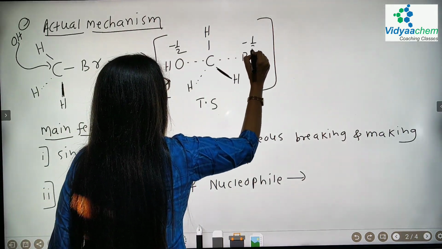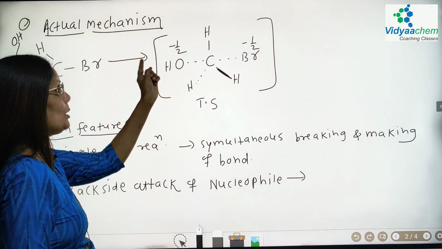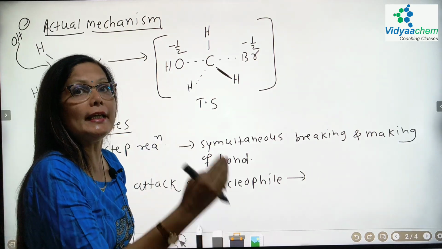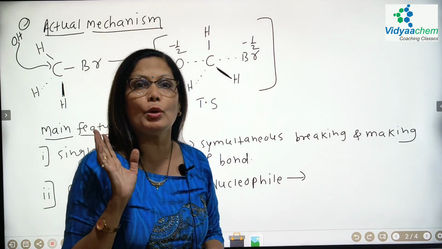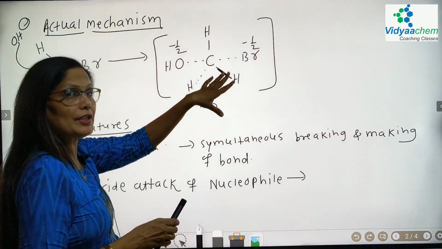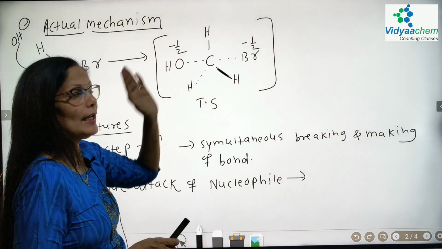Carbon to oxygen bond formation takes place and carbon to bromine bond breaking takes place. That's why there is simultaneous making and breaking of bonds. A single step mechanism is there, and the whole minus 1 charge is distributed on both OH and Br.